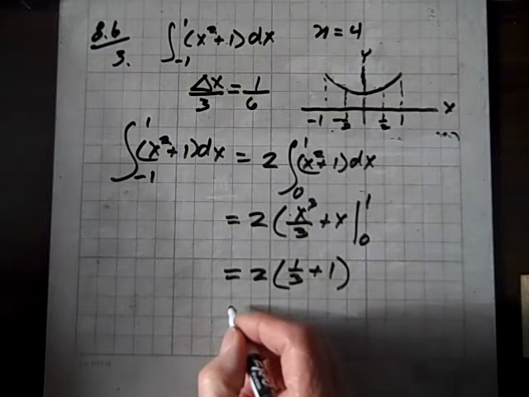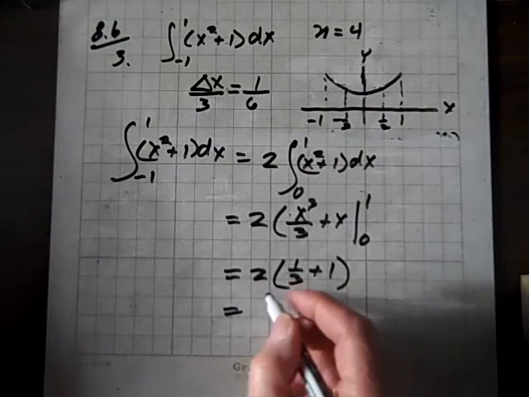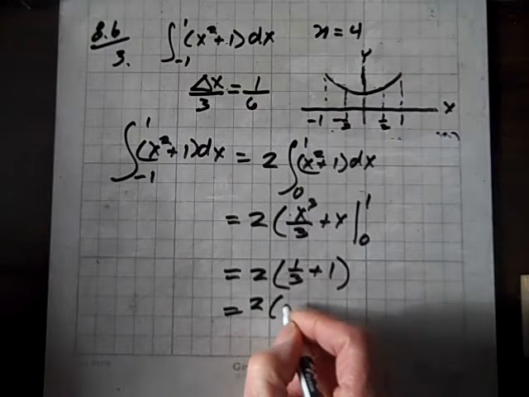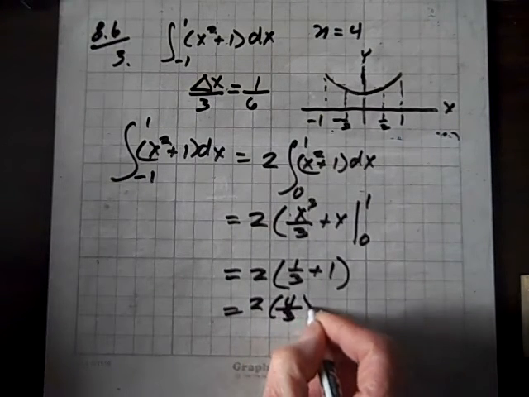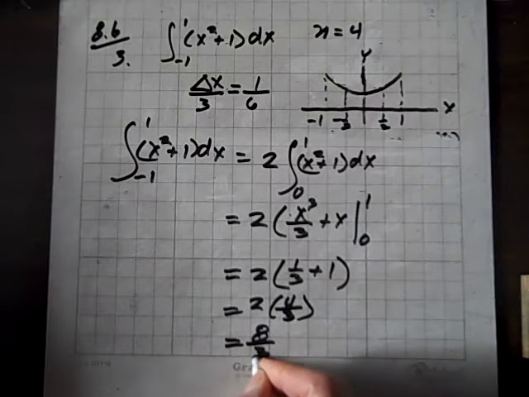So anyhow, that equals 1 is the same as 3/3 plus 1 is 4/3, 2 times 4/3, which equals 8/3.